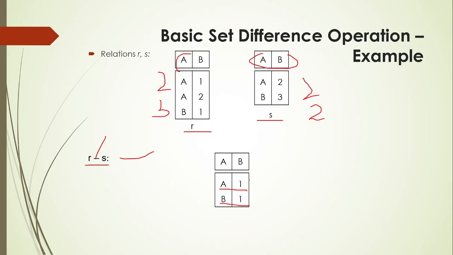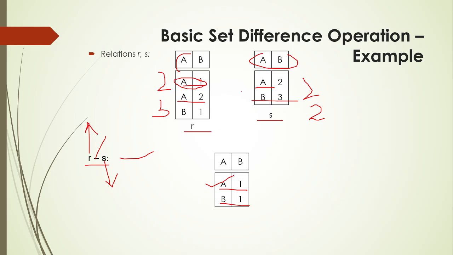That is, it contains all the rows that are present in relation R but not present in relation S. That is, all the rows present in the first relation but not in the second relation. In the first relation we have a row A1, and A1 is not present in relation S, so it is the first row of the R minus S result.